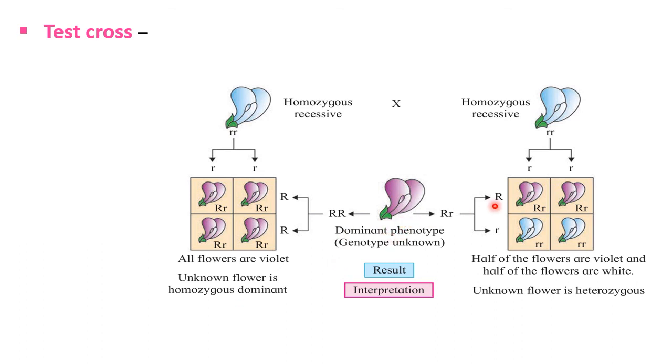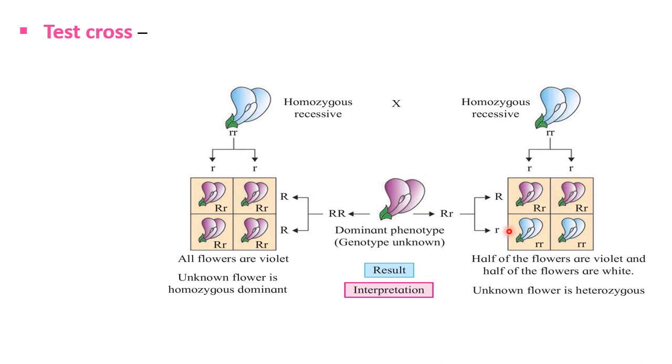Then in this result we see that if the flower is hybrid violet, here is capital R, small r of the hybrid violet flower, and here is the recessive white flower, small r, small r. Again, the gametes unite with each other. Here will be capital R, small r, producing hybrid violet flower, and again capital R, small r, producing hybrid violet flower.